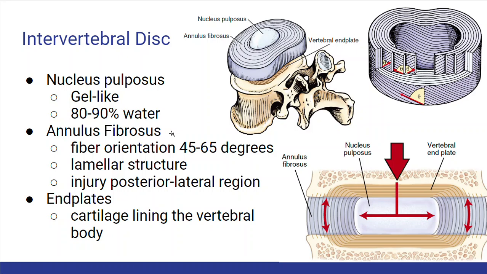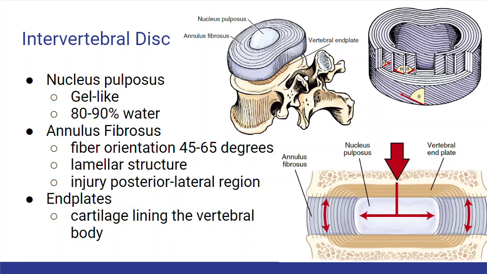The fibers, it's multiple fibers, and they change their orientation. So if there's a rupture of one layer of the fiber, the nucleus pulposus cannot just leak out of the annulus fibrosus. I mean, it can, but it's difficult. And then you have the cartilaginous end plates, and those are lining the vertebral body.